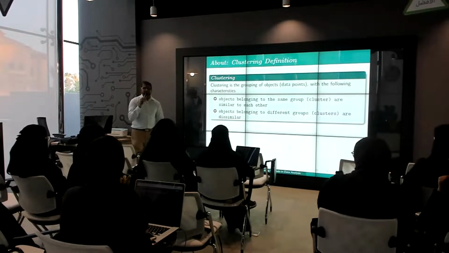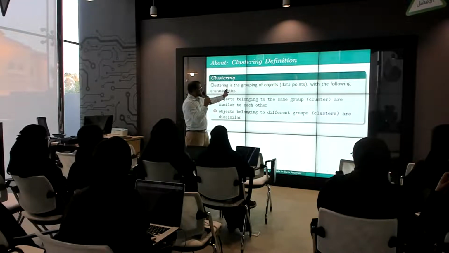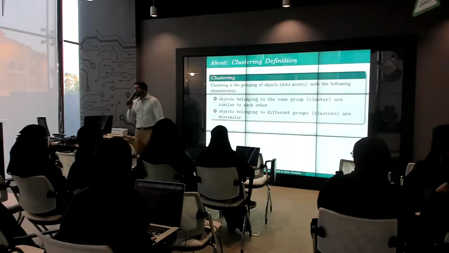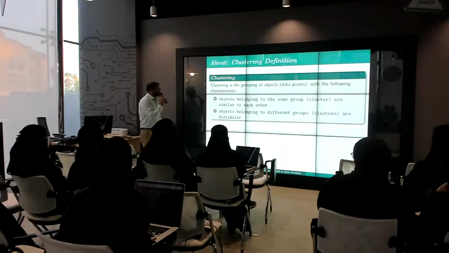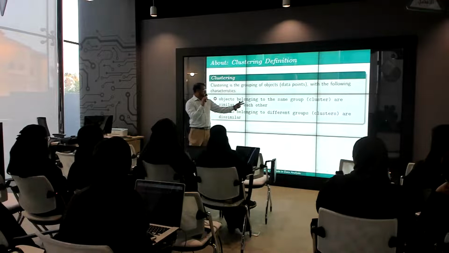So now let us come to the definition of clustering, what clustering actually means. Basically, clustering is grouping of objects. You have different objects and you are going to group them, but not any group. There is some property or characteristic that should be satisfied, and these are the two properties.